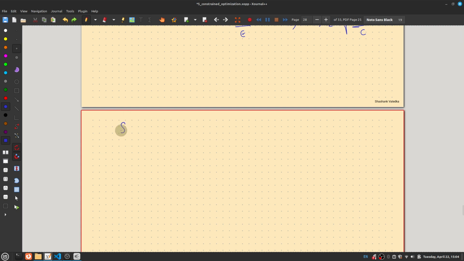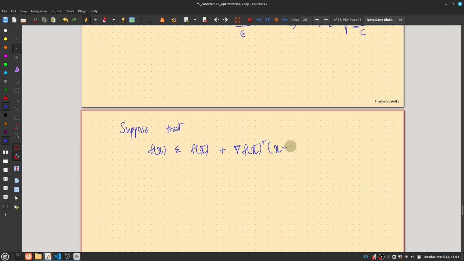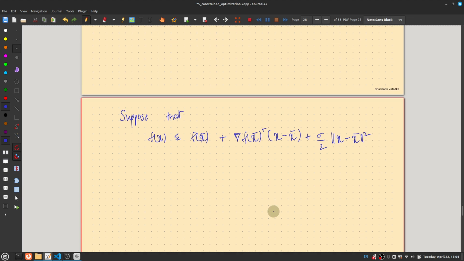Suppose that the function is sigma strongly convex for sigma which is strictly less than L. That is, f of x is less than or equal to f of x bar plus gradient f of x bar transpose x minus x bar plus sigma by 2 times norm of x minus x bar the whole square. Suppose you know this for some sigma that is strictly less than L.